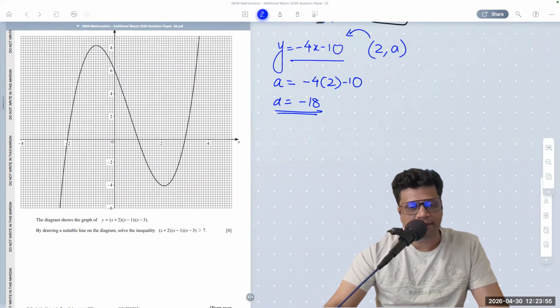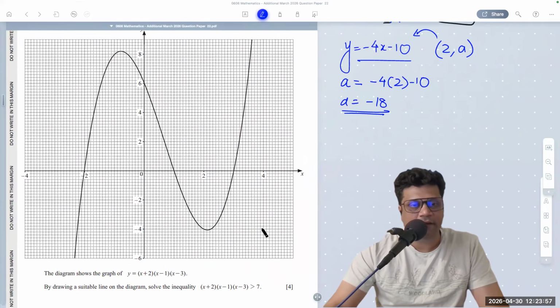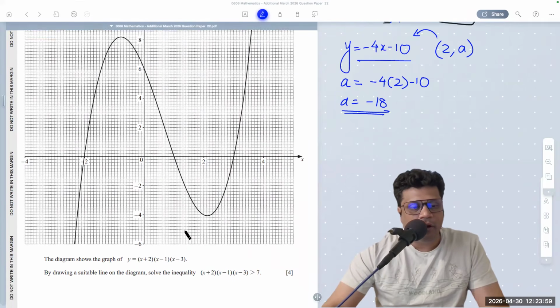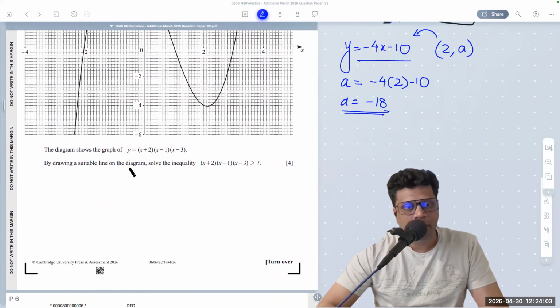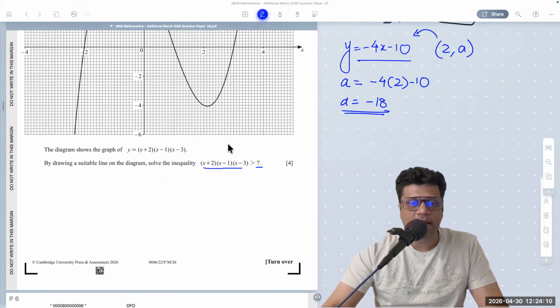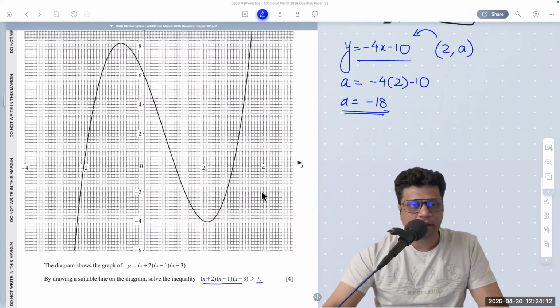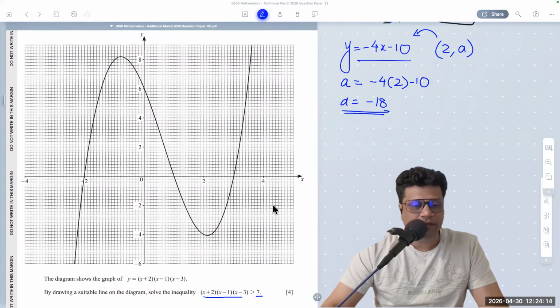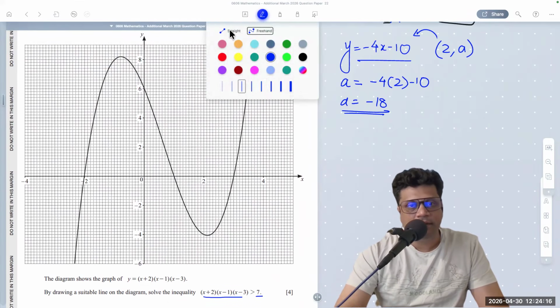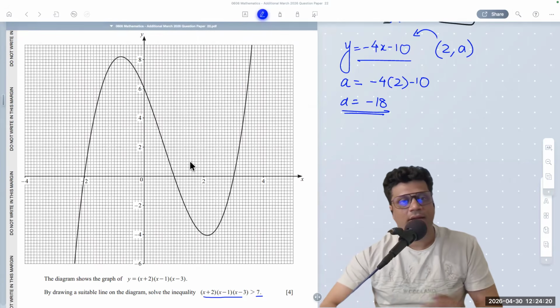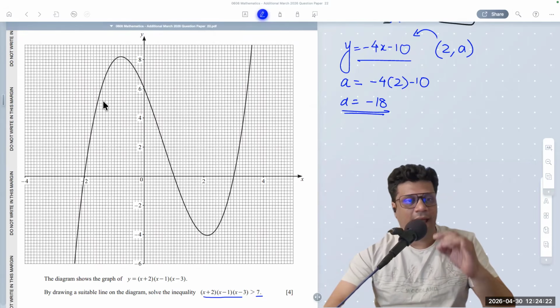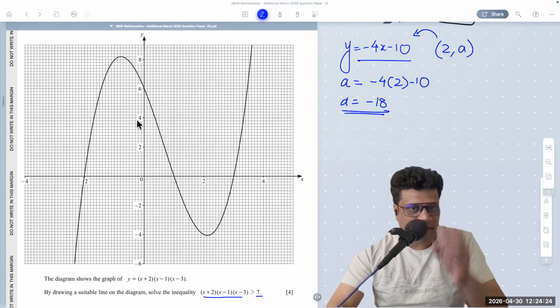Okay, again a standard cubic sketching kind of a question. They say, draw a suitable line on the diagram and solve this inequality: the cubic is greater than 7. So the way you want to approach these questions is you draw a horizontal straight line at 7 on the y-axis.